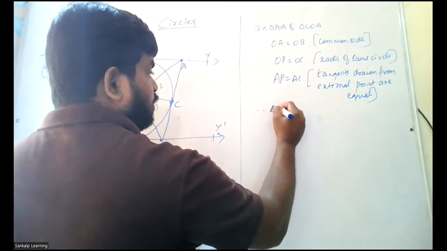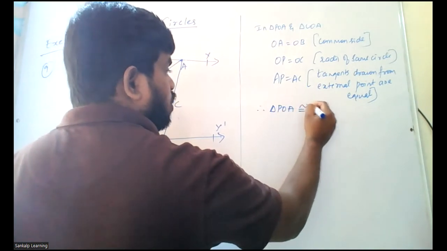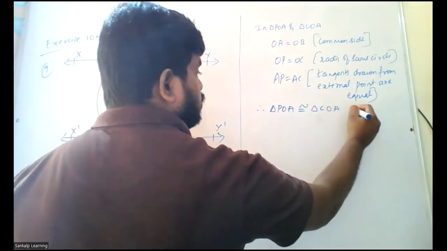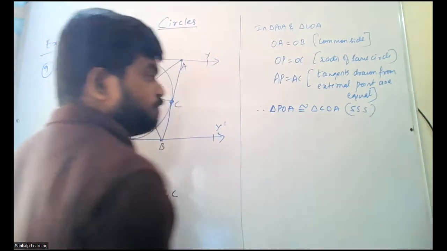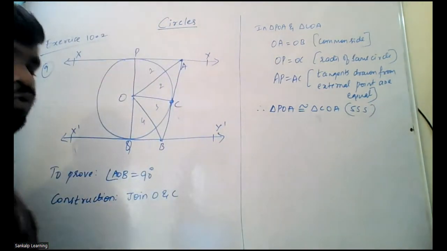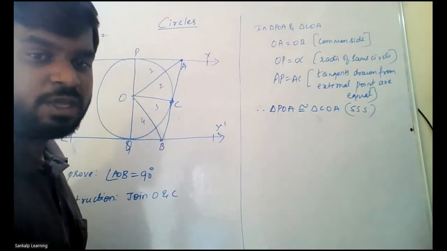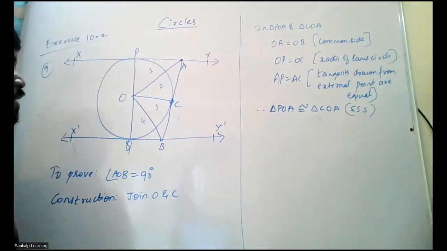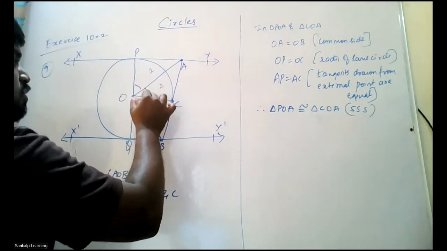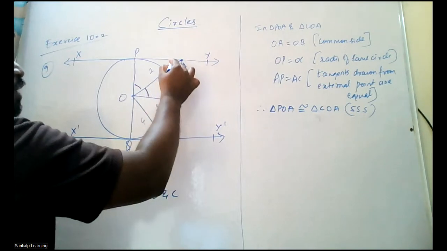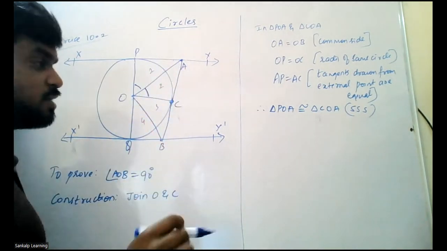Therefore, triangle POA is congruent to triangle COA using SSS postulate. If 2 triangles are congruent, we know that the corresponding parts are equal. That is, you get this equal to this, isn't it? CPCT. Similarly, you get this is equal to this. I'm not interested in that.